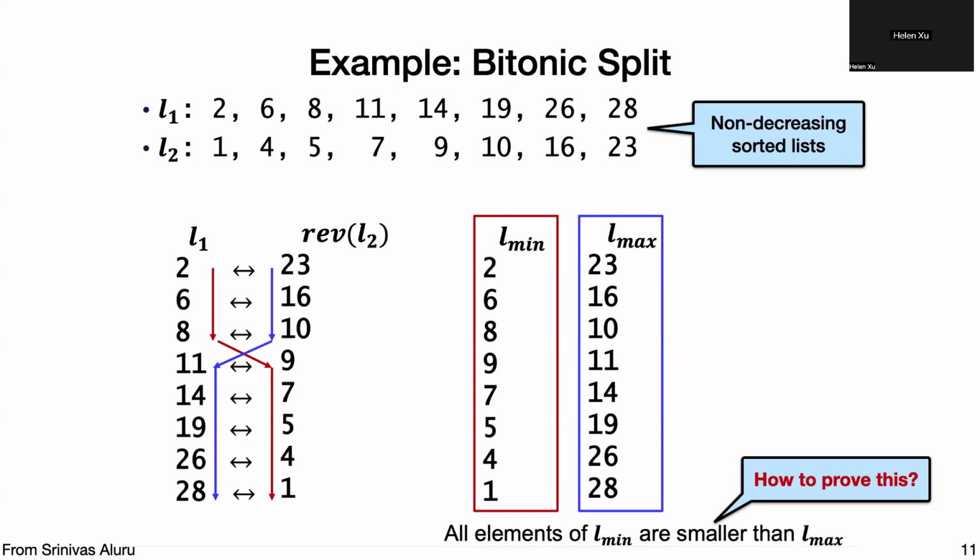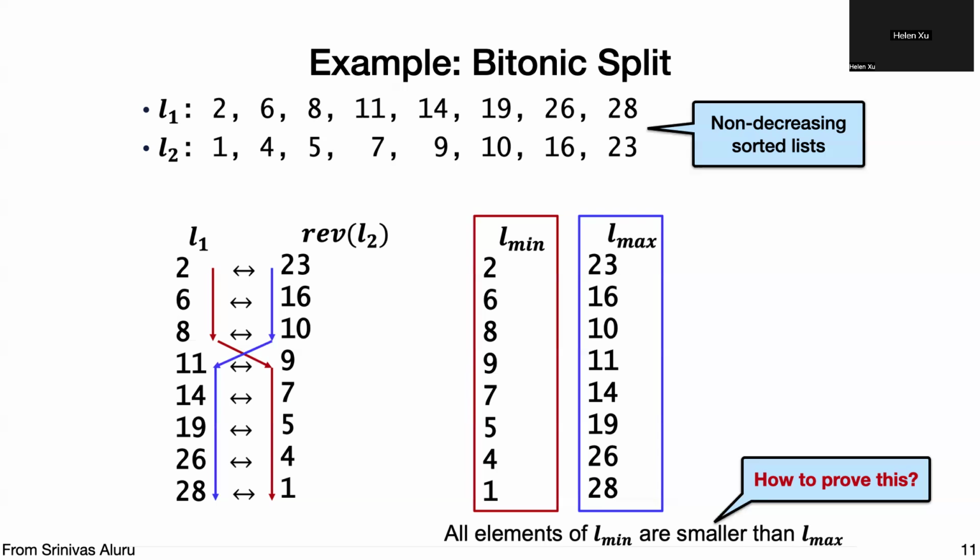So for L1 here, 2 is less than 23, so you put it into L min, which is the smaller one. 6 is less than 16, you put it into the smaller one. And on the other side, the max gets put into L max. Then, like I said, at some point there's this crossover. This is increasing, and this is decreasing. So at some point, everything after here is going to be bigger than everything after this point.